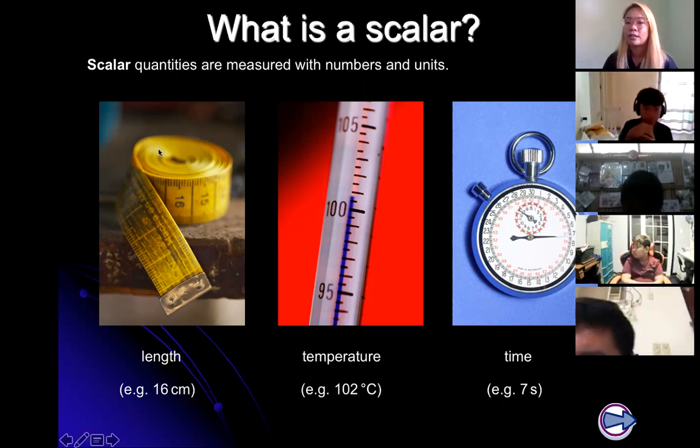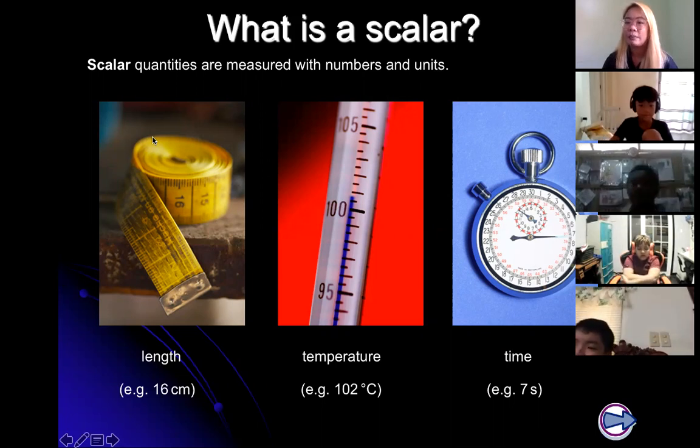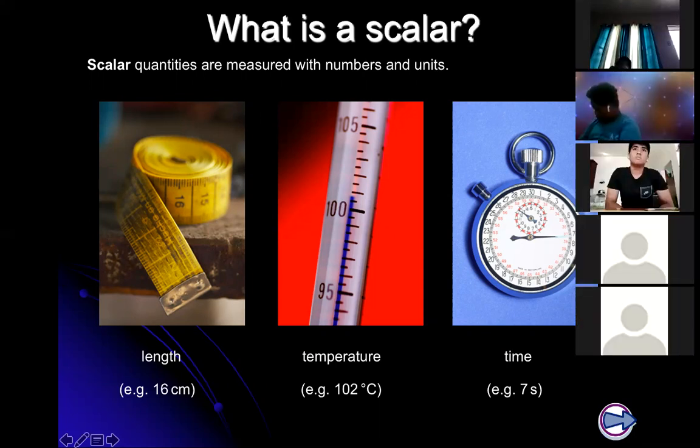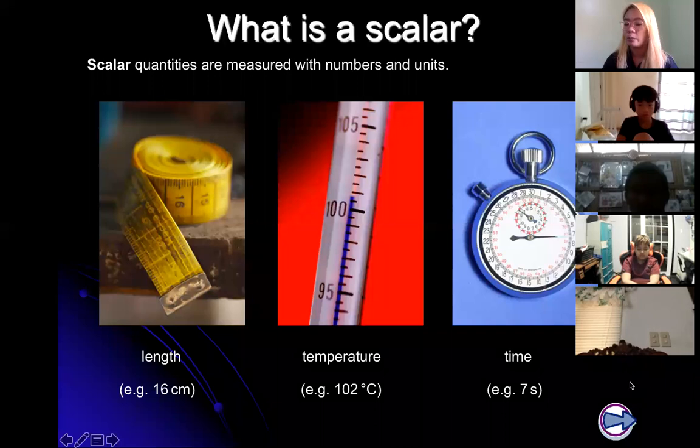For example, it's 1 centimeter, and you're going to add another 1 centimeter, so you come up with 2 centimeters. So that centimeter is what we call the unit of measurement. And very important in physics that all your answers should have the number and the unit of measurement.